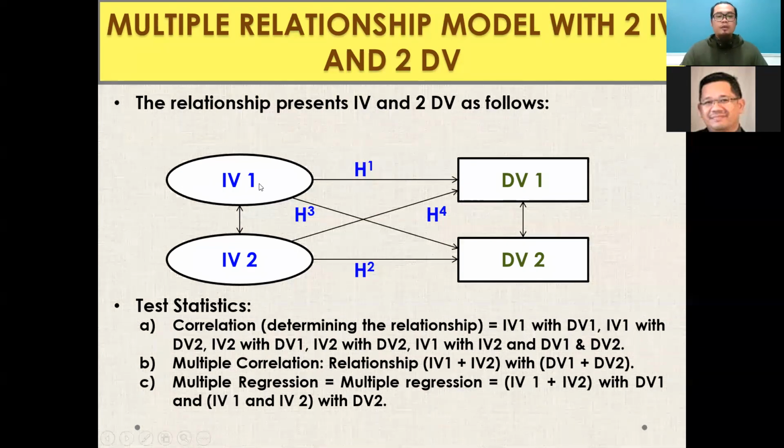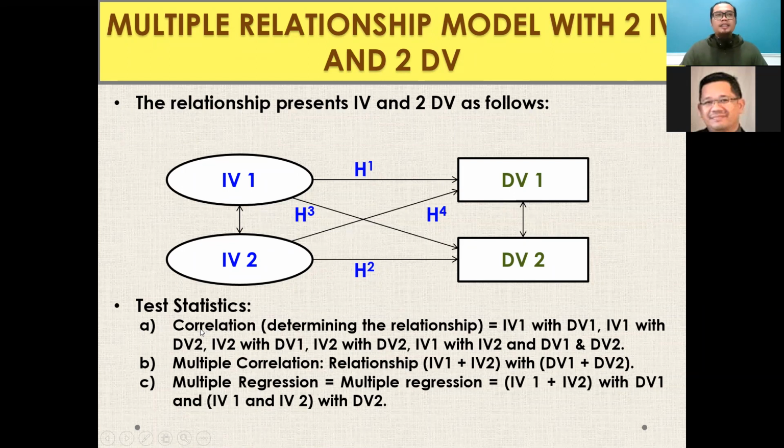We can see IV1's direct relationship with DV1, IV1 with DV2, IV2 to DV1, IV2 to DV2. We also correlate between IV1 and IV2, and between DV1 and DV2.